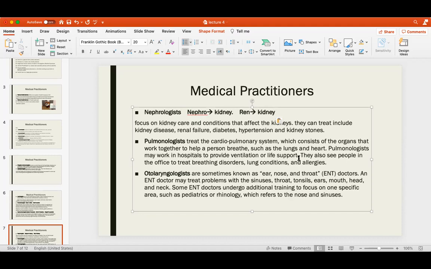Pulmonologists may work in hospital to provide ventilation or life support. They also see people in the office to treat breathing disorders, lungs condition, and allergies.